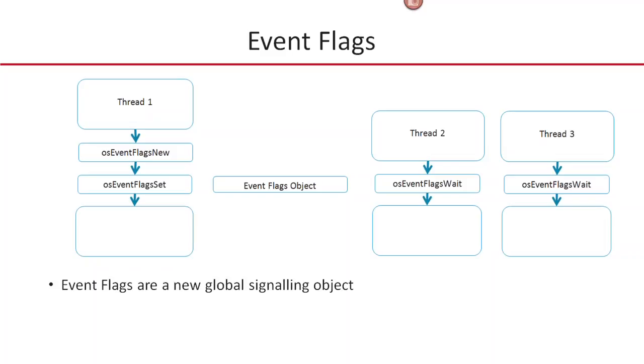Those signals are still present, but there's a new object called event flags, which can be created as a global object, and individual threads can wait for patterns to be set on this object. So multiple threads can now wait to be signaled by one group of flags, and then any thread can access that global object and set or clear flags. So now we have a global synchronizing object which can be used to synchronize multiple threads.